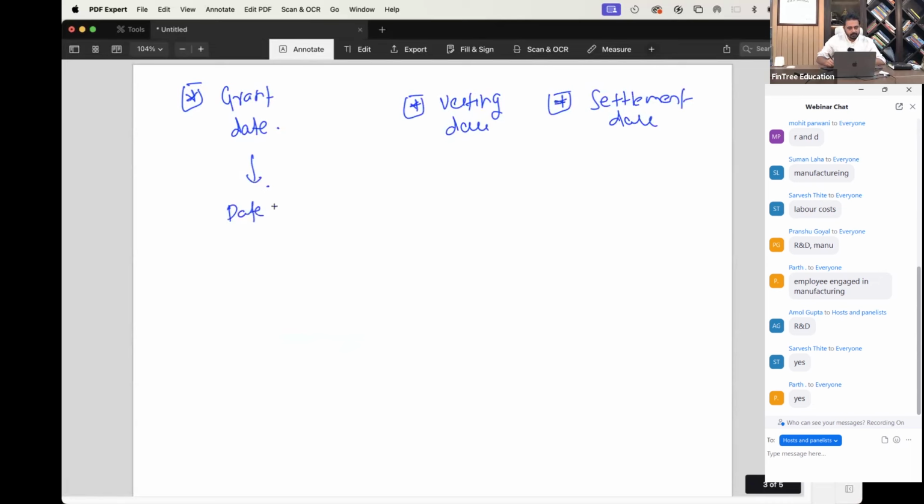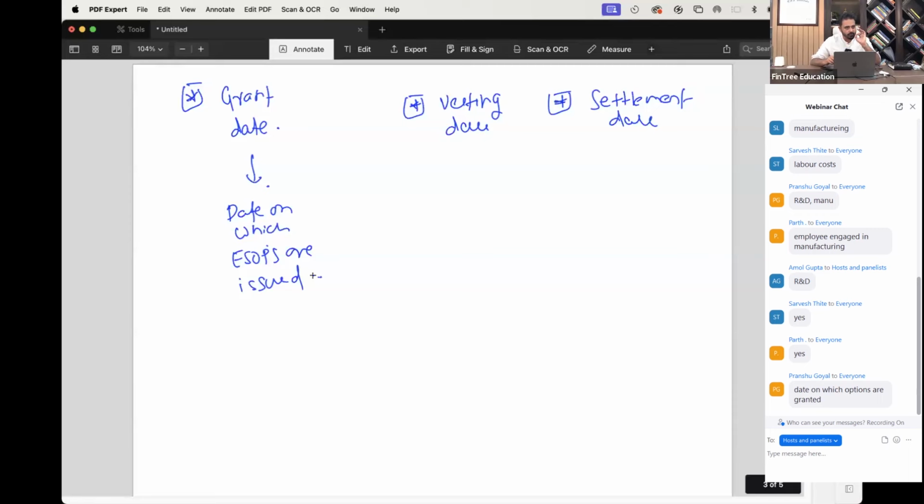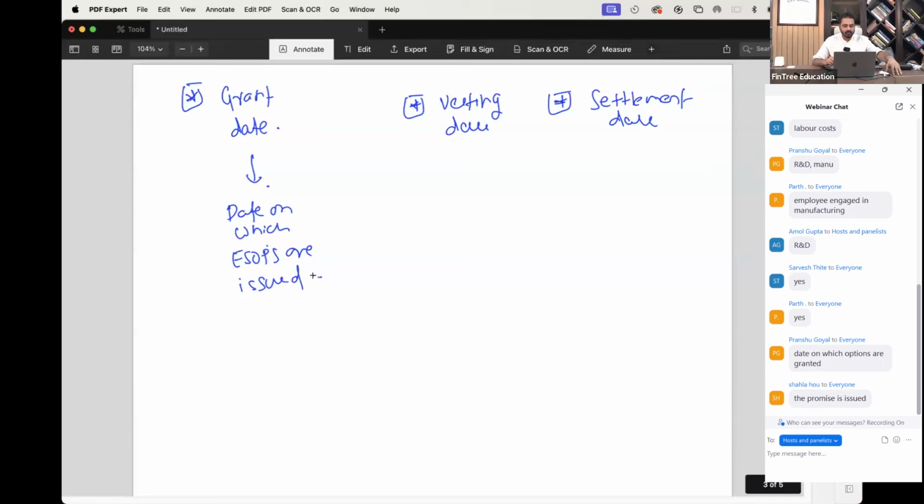Correct. The date on which ESOPs, employee stock option plans, are issued. That date will be called the grant date. It's the date on which I tell my employee, hey, you're eligible for ESOPs and these are the conditions. If you meet the conditions, you will get the ESOPs. So the day on which I make the commitment in writing becomes my grant date.